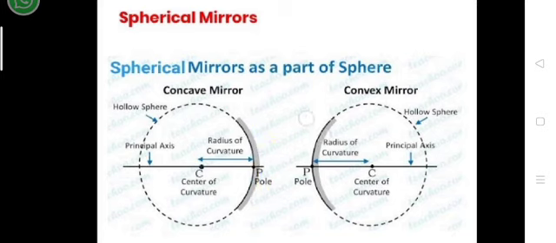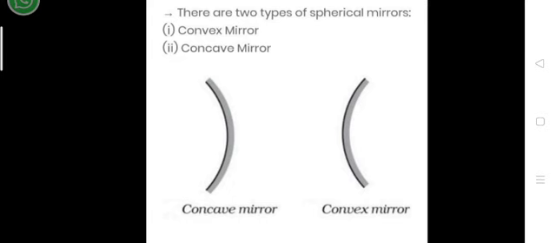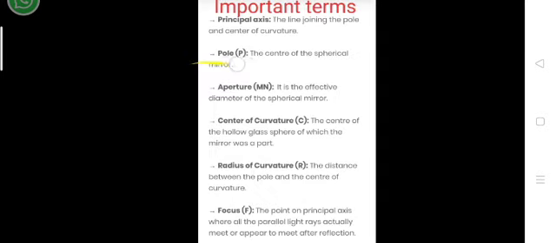The polished surface is outwards, towards the center, and the reflecting surface is inwards. It is just the opposite for the convex mirror: the polished surface is inwards and the reflecting surface is outwards. So there are two types of spherical mirror, convex and concave.